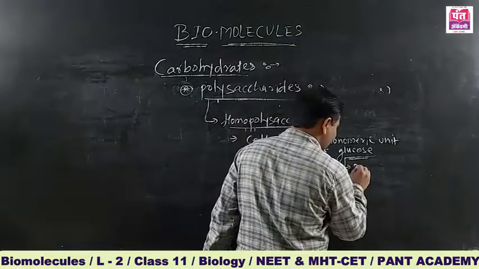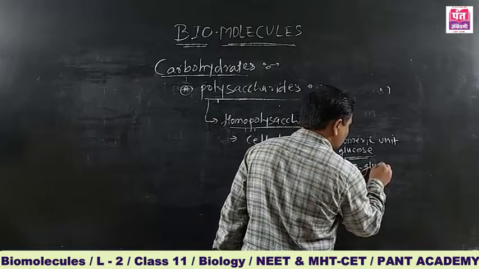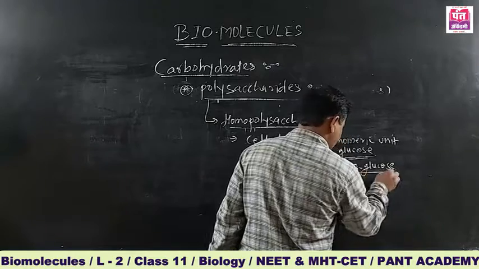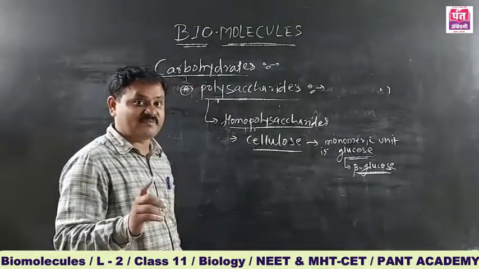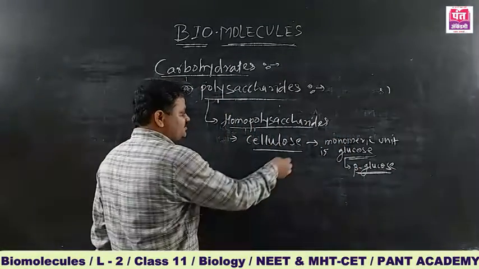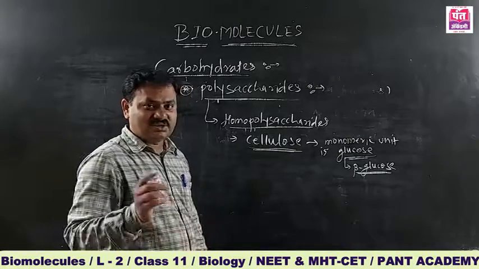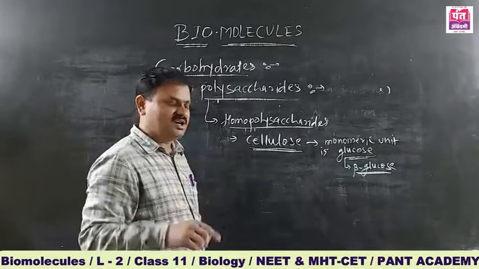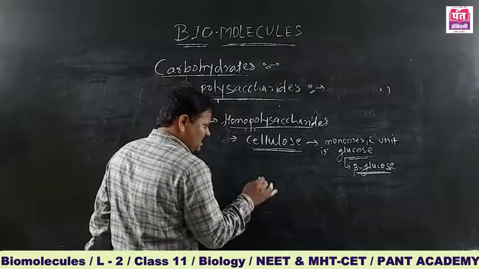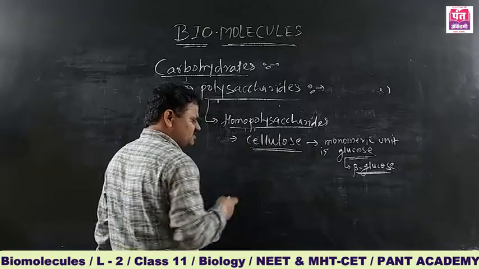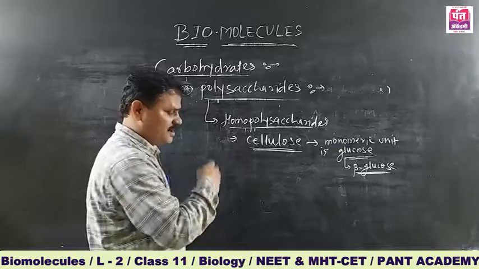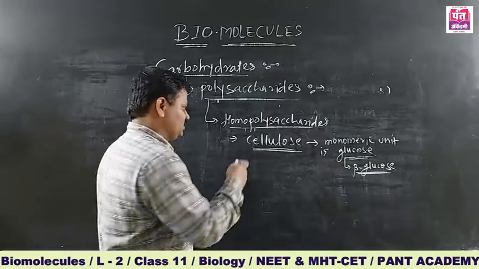Instead, it is beta glucose. Glucose is present in the beta conformation, and therefore cellulose is completely different from the starch and the glycogen. Here there is no such branching as found in the amylopectin in the cellulose.